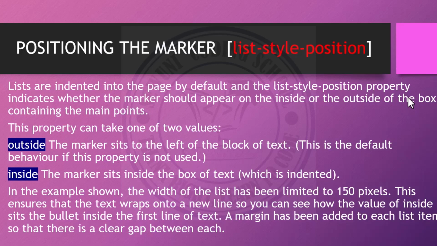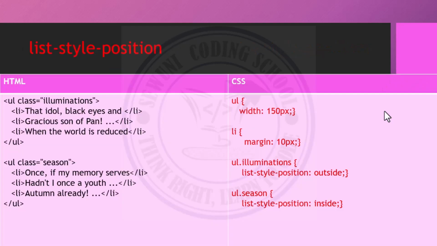A margin has been added to each list item so that there is a clear gap between each list item. Now this is the positioning property. So you see an unordered list with a class of illumination which has 3 list items, another one with a class of season which also has 3 list items.